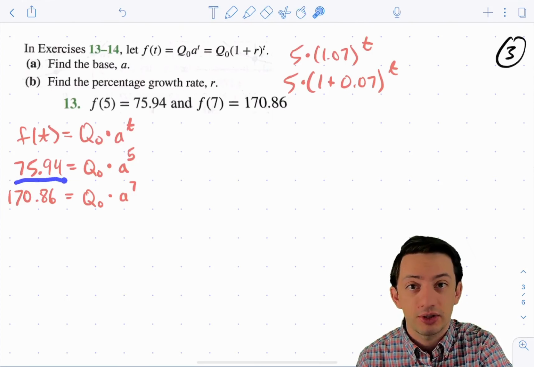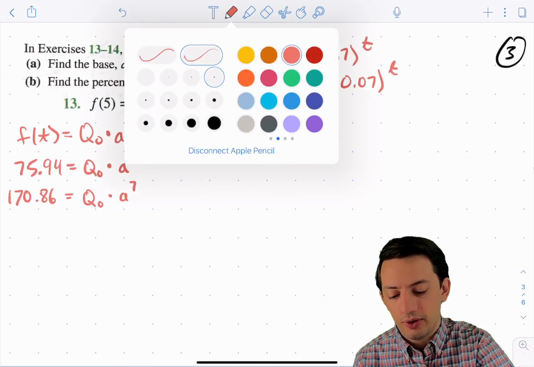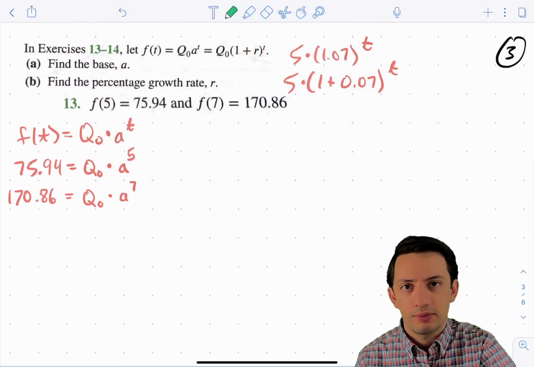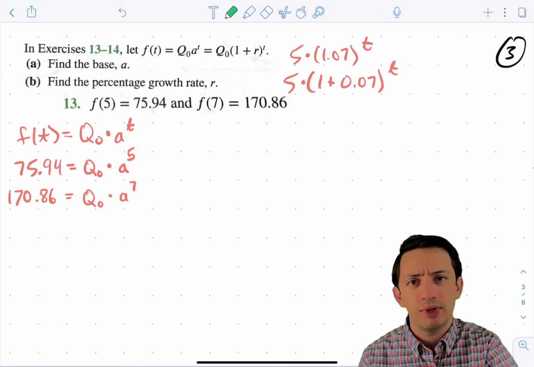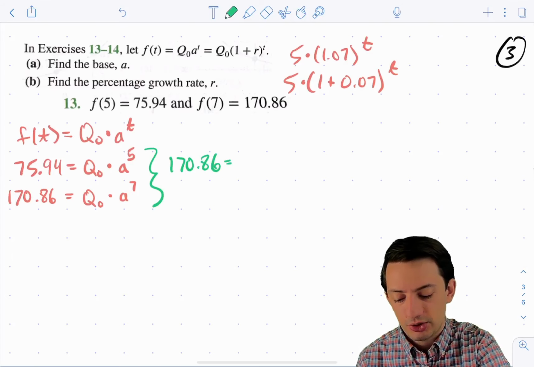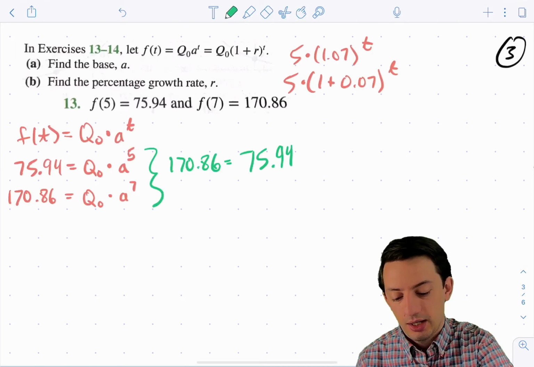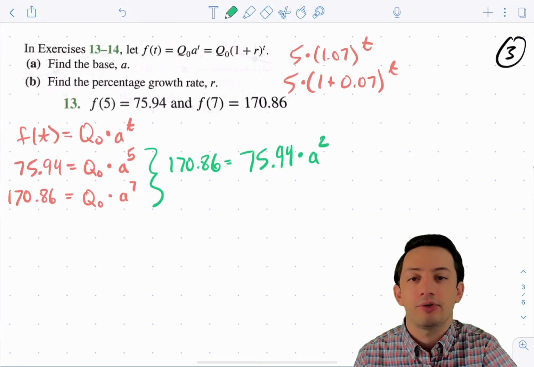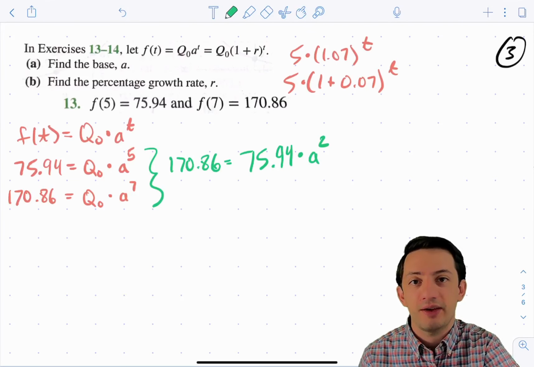And after 7, I have that much. So I'll show you how to figure this out symbolically in a second. But some intuition should tell you that what this means is that I can get to 170.86 by starting at 75.94 and multiplying by 2 of my growth factors. Because from 5 to 7, that's 2.